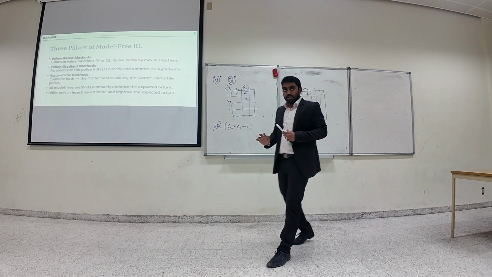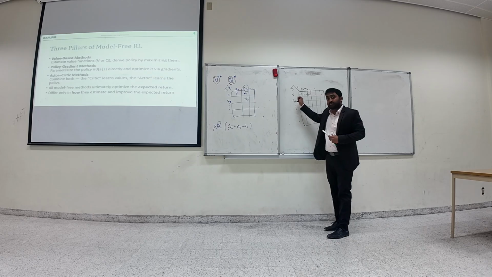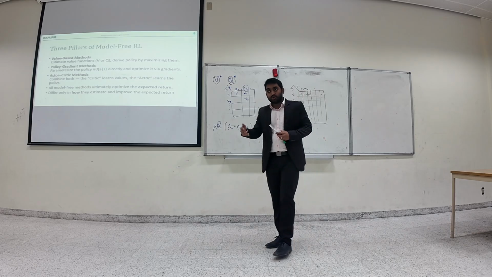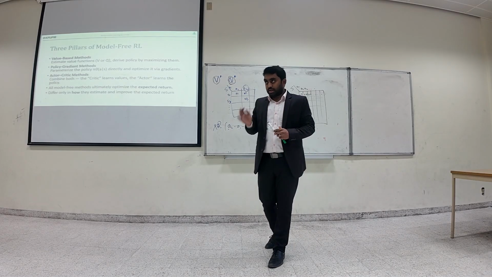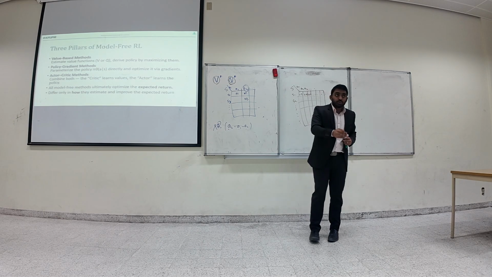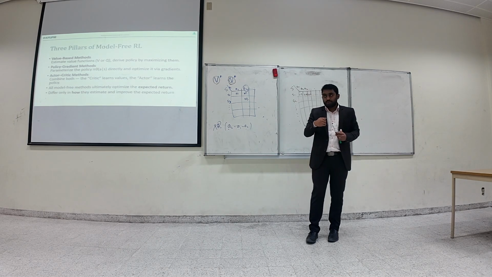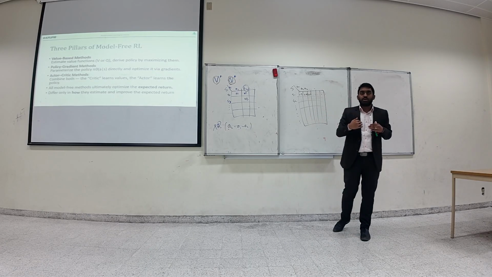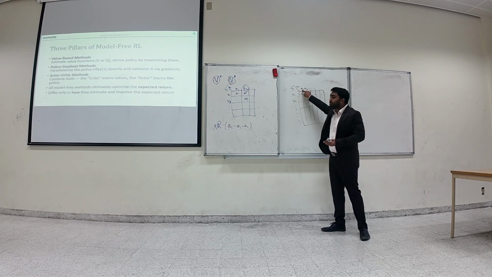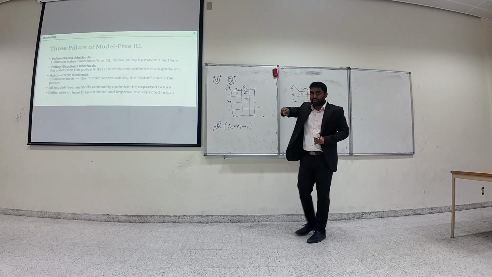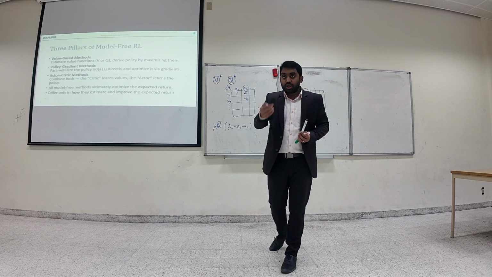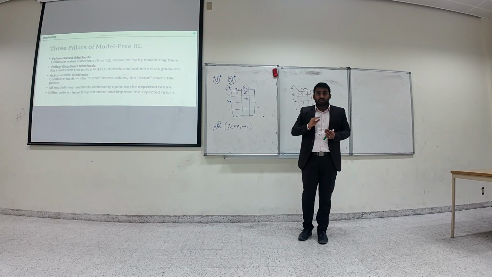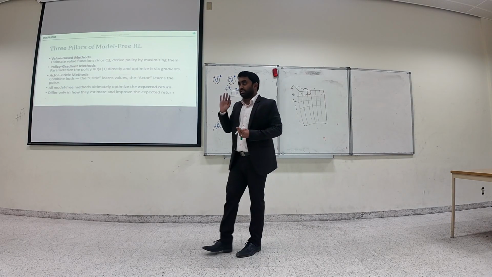Clear? This does not depend on the system dynamics, because in any given state, you can take any given action. Now, with what probability you will choose that action is up to you. And when you have the optimal policy, you will be tuned in such a way that you will maximize the probability of taking a certain action in a given state, which would in turn give you the maximum expected return. So here you are not computing the value functions explicitly.